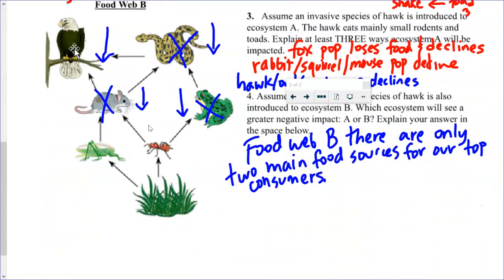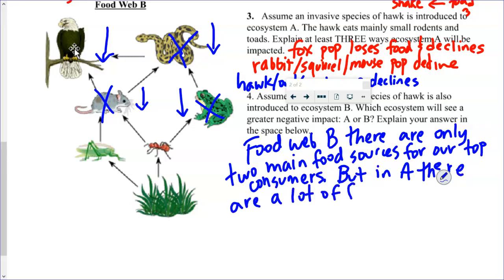So in Food Web B, there are only 2 main food sources for our top consumers, but in A, there are a lot of food sources available.